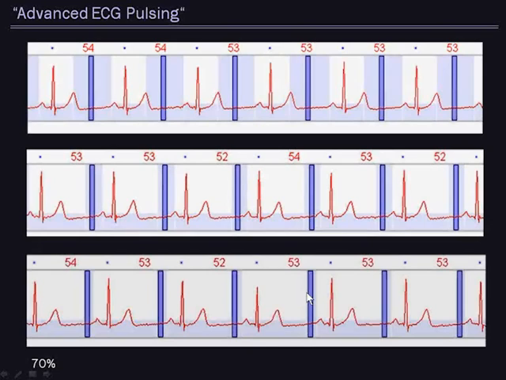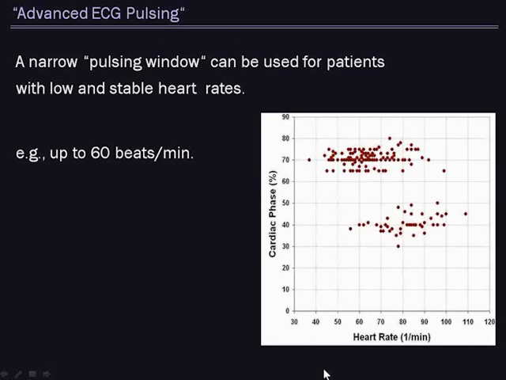You lose your flexibility to reconstruct different images at different time points a little bit, but it can be used to reduce radiation exposure even more, especially in patients with very low and stable heart rates, if the window of full tube current is narrowed, and the narrower you make it, the lower your exposure will be.